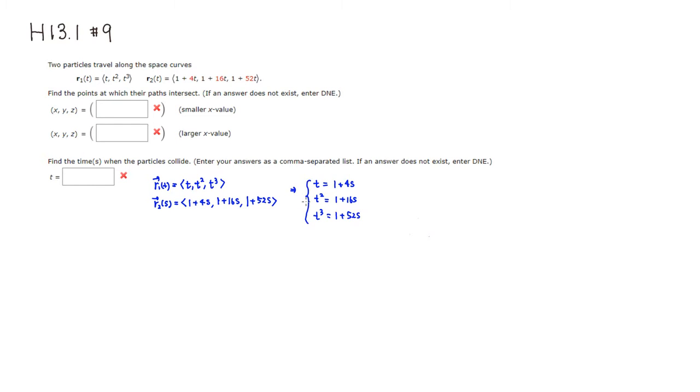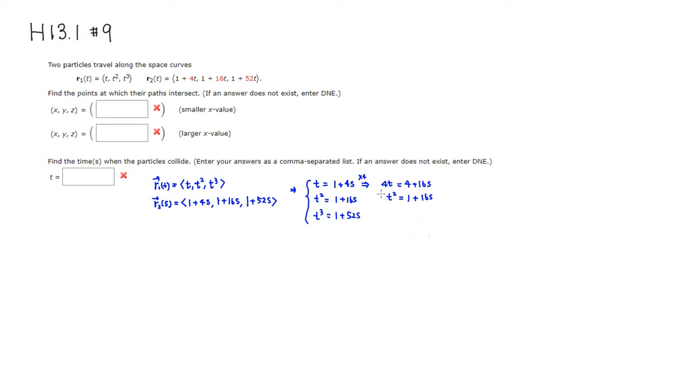I'm going to work with the first two, and I'm going to multiply the first equation by 4. The reason is I can match if I turn 4s into 16s. So you have 4t is equal to 4 plus 16s, and t squared is equal to 1 plus 16s.